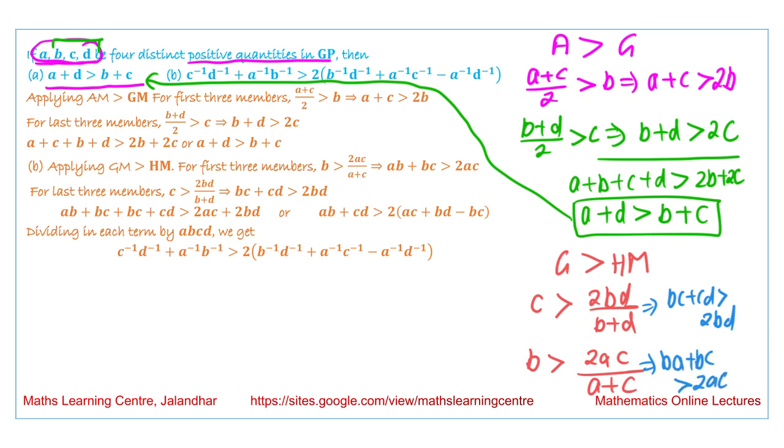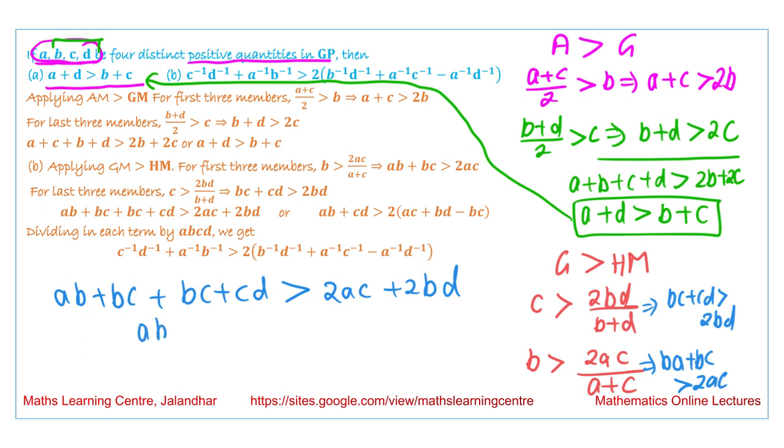Now if we add these equations, we will get AB plus BC plus BC plus CD is greater than 2AC plus 2BD. And on solving this, we obtain that AB plus CD is greater than 2 times (AC plus BD minus BC).